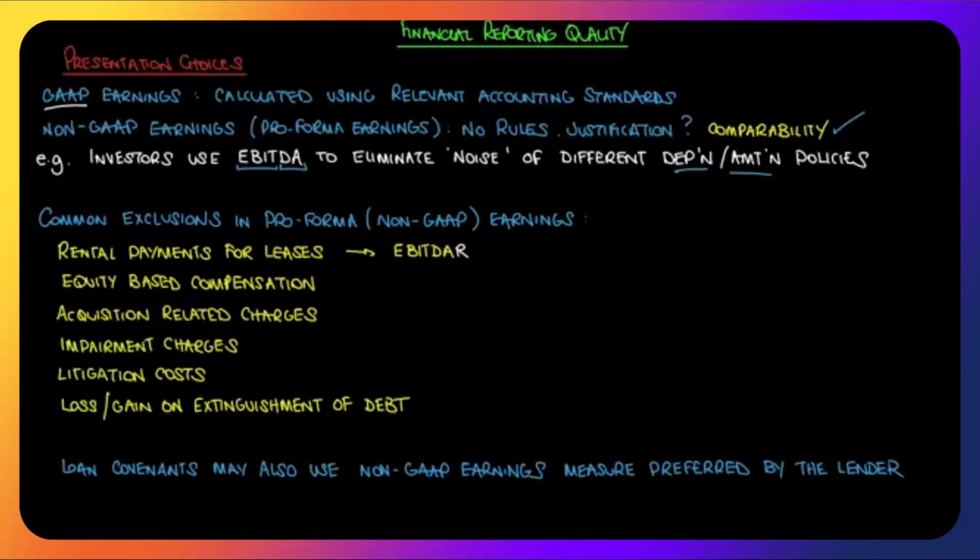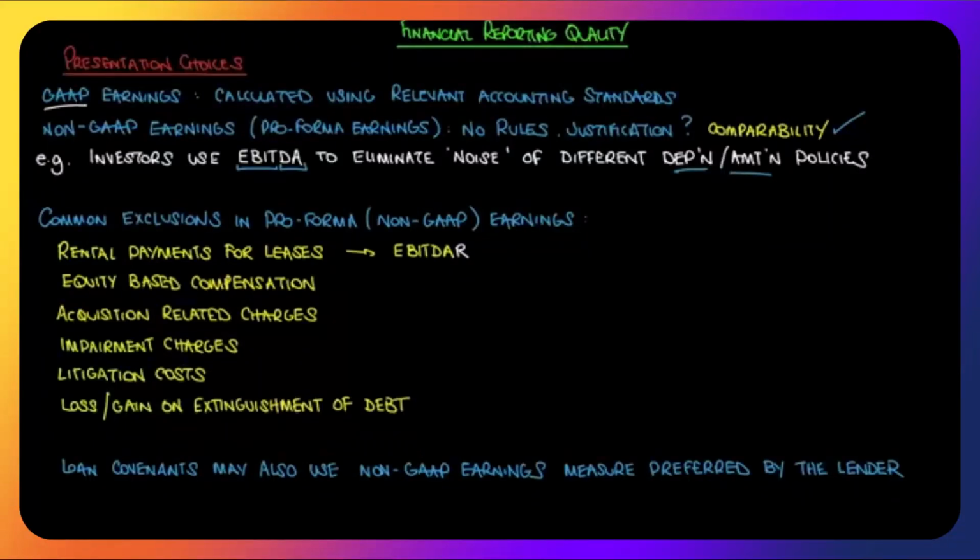So people from the dark side, accountants from the dark side are saying, investors do it. They don't like using your GAAP net income figure. They adjust it. We're just going to do the same to be helpful. Classic adjustments that are made to non-GAAP to pro forma earnings. First of all, rental payments for leases. If you've been through the liabilities reading, you've seen all about leases and how they're treated.